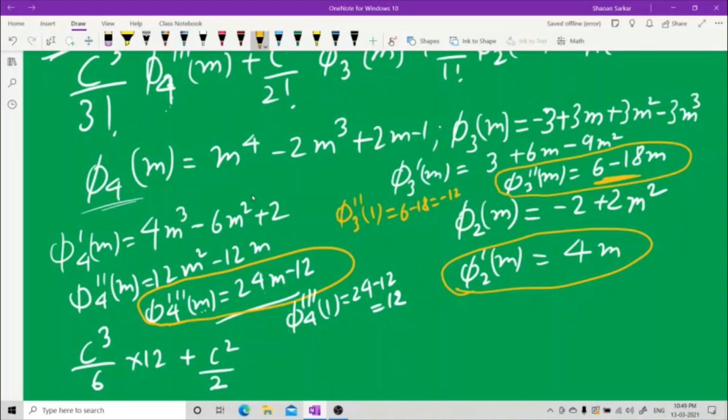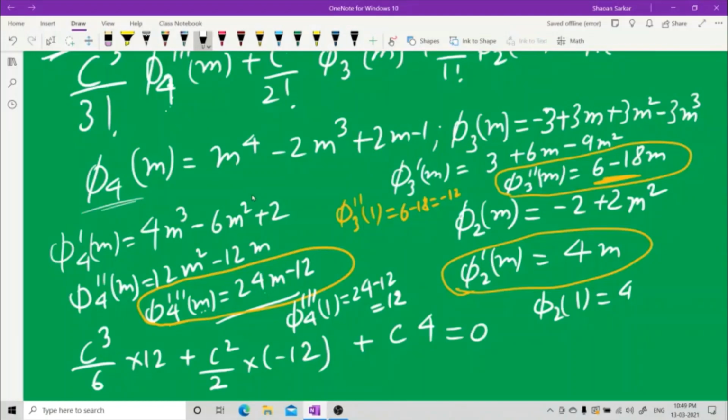So this will be multiplied by minus 12. Now c by 1 times phi 2 dash at 1, from here, is 4. Then c times phi 1 is equal to 0.